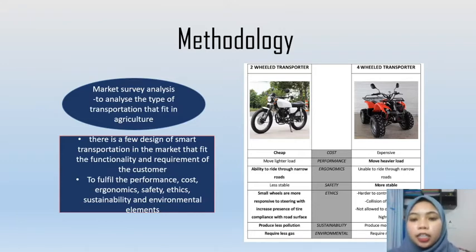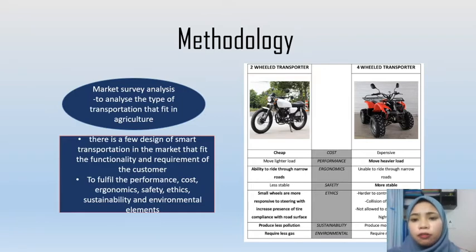Also, in terms of ergonomics, the ability to ride through narrow roads goes to the two-wheel transporter, and the four-wheel transporter is unable to ride through narrow roads, which is not good, as we know that farms always have narrow and unstable roads.